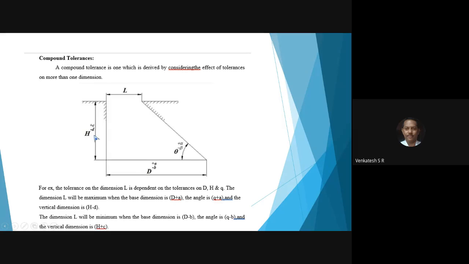For height, upper limit plus c, lower limit minus d. And the width or length, upper limit plus a, lower limit minus b.